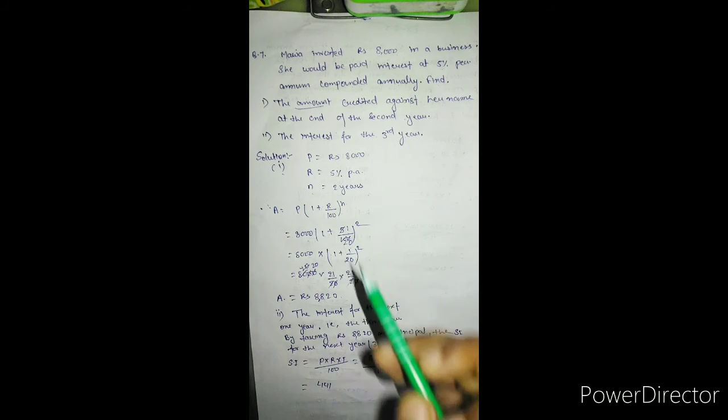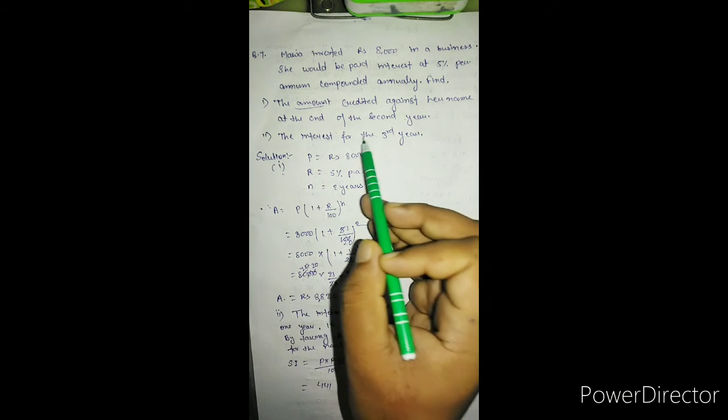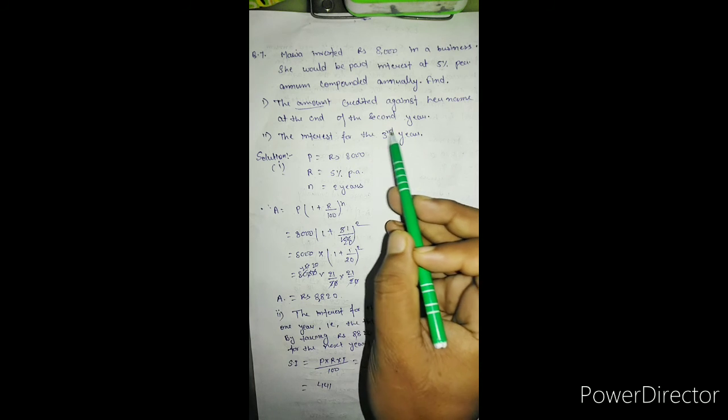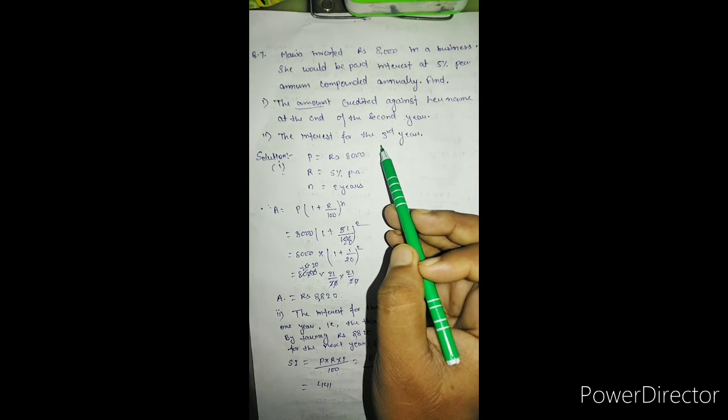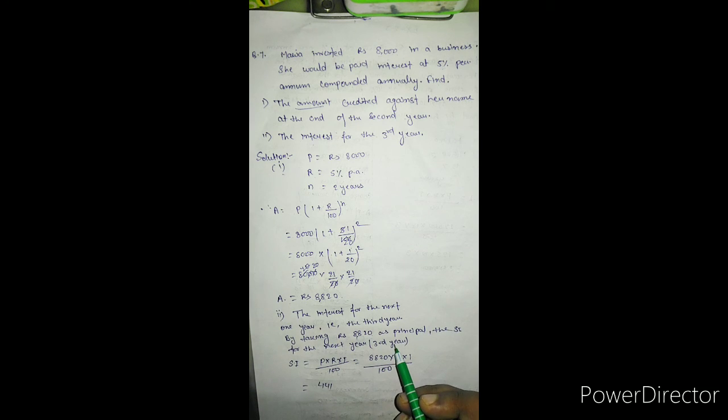Now the second question is the interest for the third year. So we have to calculate only 1 year interest. For that 1 year interest, we will take this amount as a principal amount for 1 year. So by taking rupees 8,820 as a principal, the SI for the next year, means for the third year.